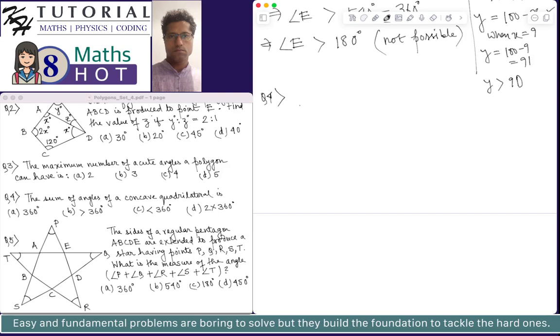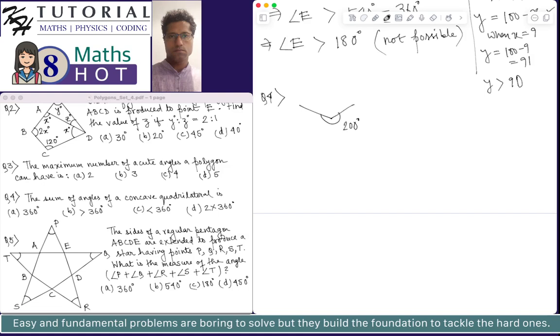So let's say we are having this. This is an interior angle. Let's say, for the sake of discussion, this is 200 degree. This is greater than 180 degree.